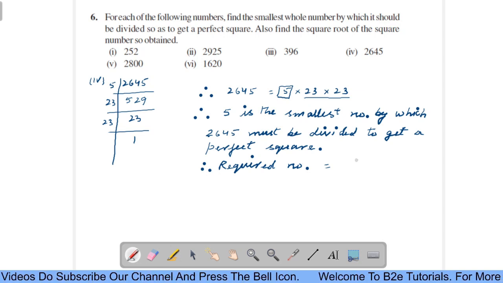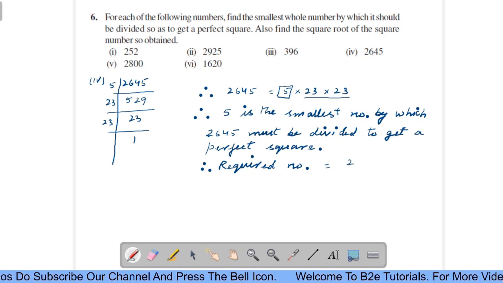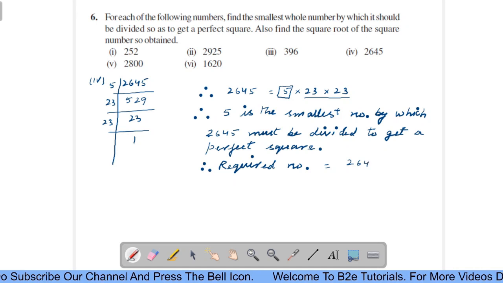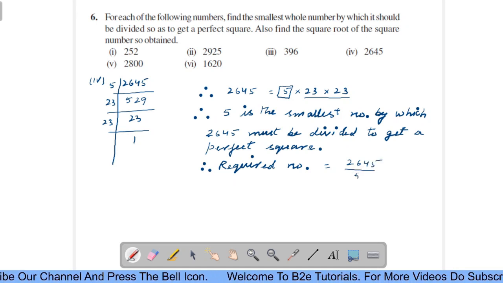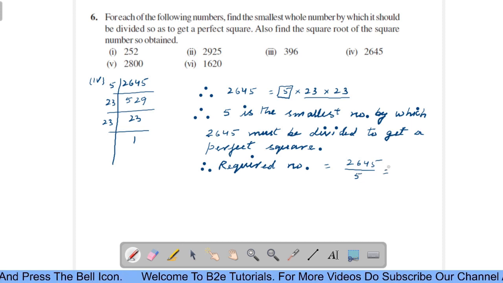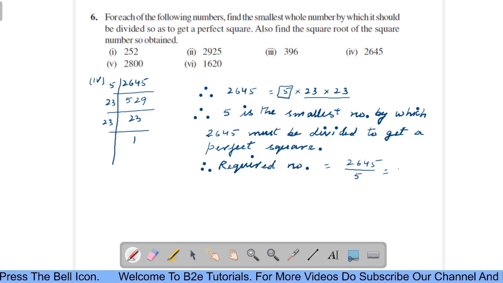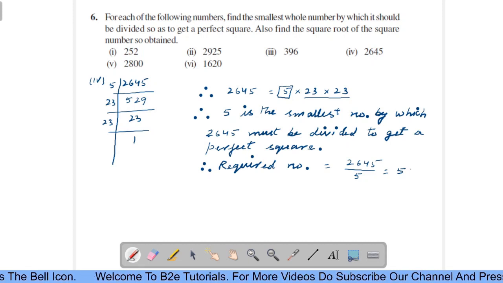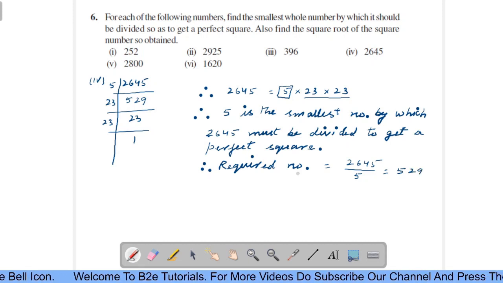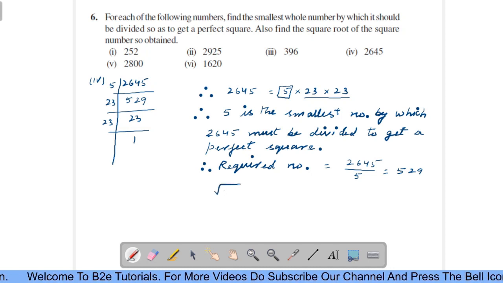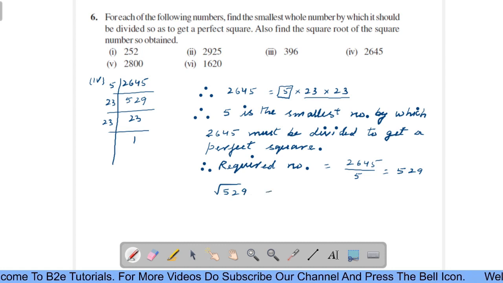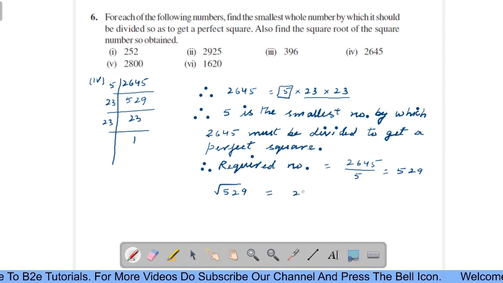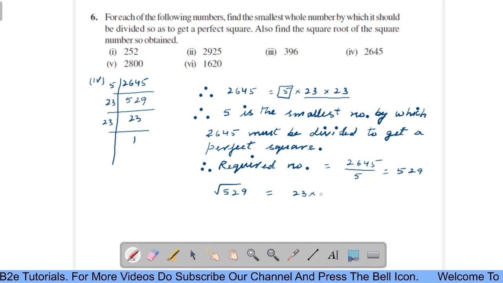Therefore required number equal to 2645 divided by 5. So you will get 529. Now find out the square root of this number. The square root of 529 equal to 23 into 23.